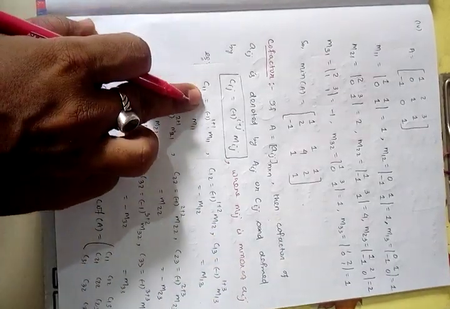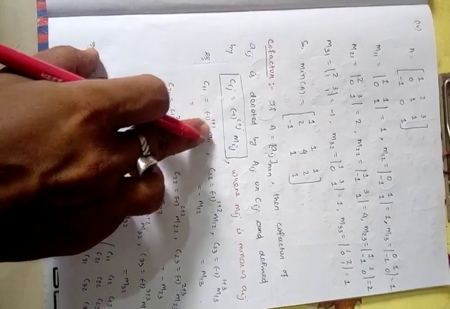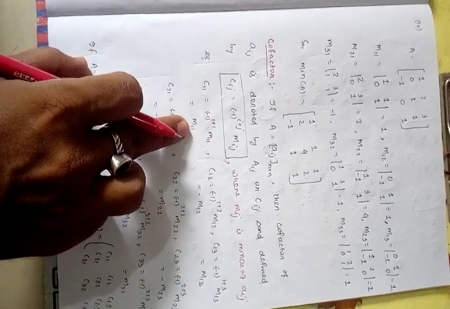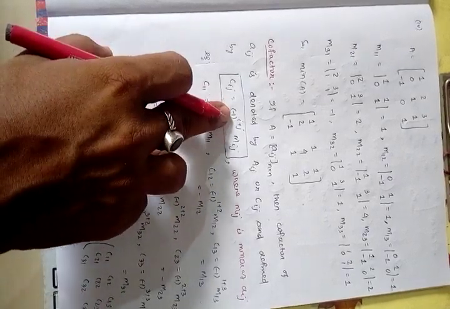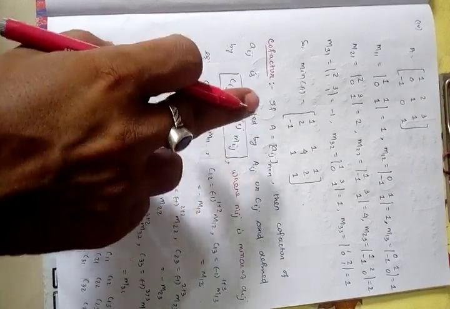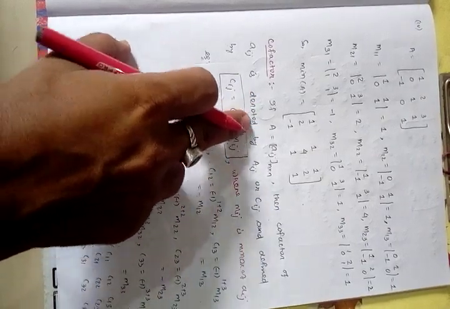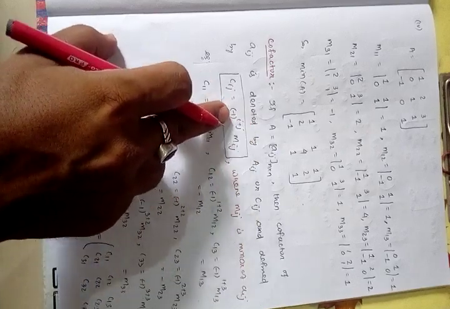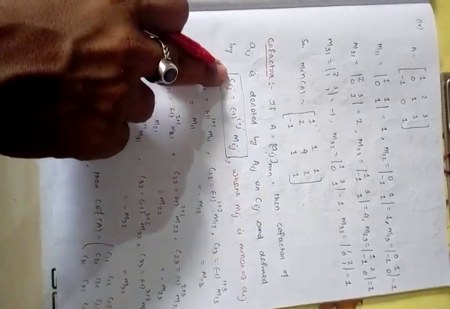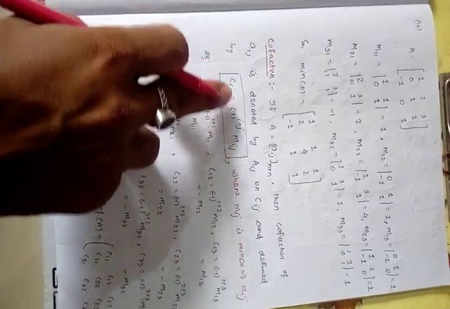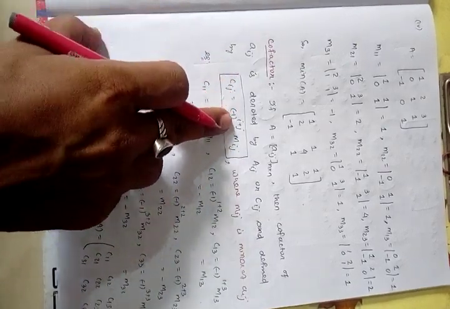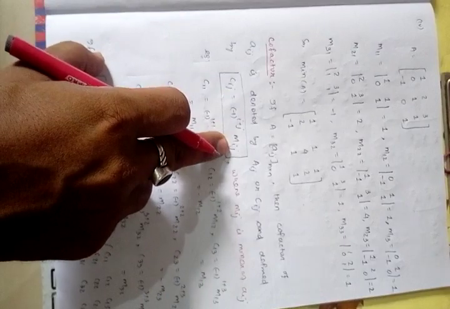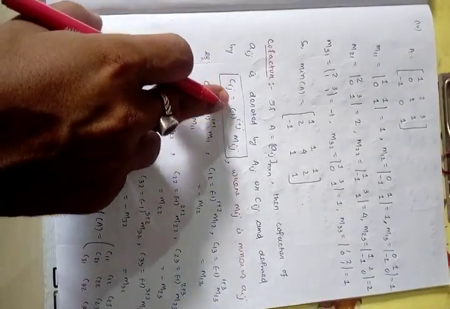Now C11 equal to minus 1 to the power 1 plus 1 into M11, which is equal to M11. As you know, minus 1 to any power is either 1 or minus 1. If the power is an even number, it is 1. If the power is an odd number, then it is minus 1. So the cofactor is equal to the minor when i plus j is an even number and equal to minus the minor if i plus j is an odd number.